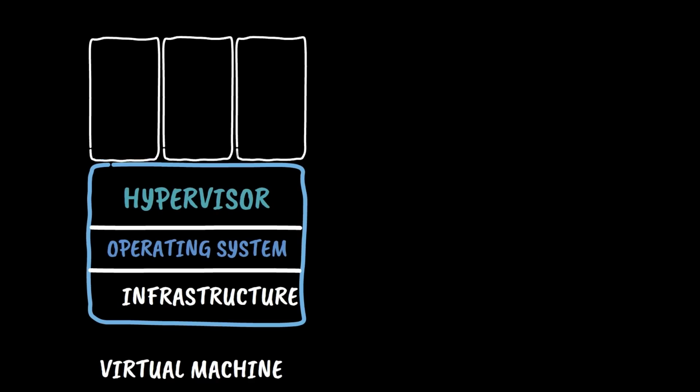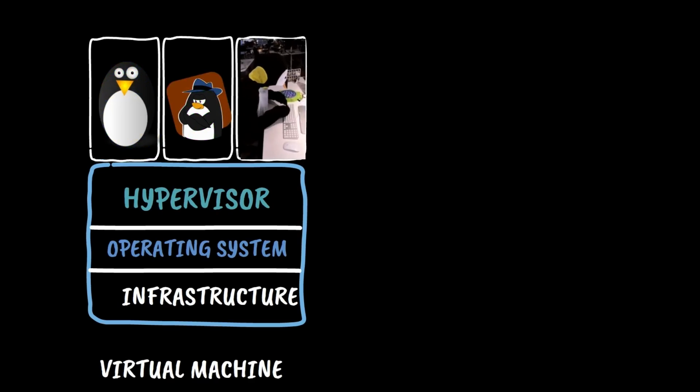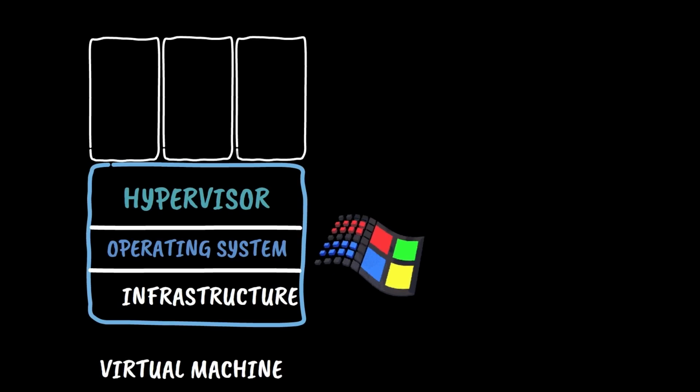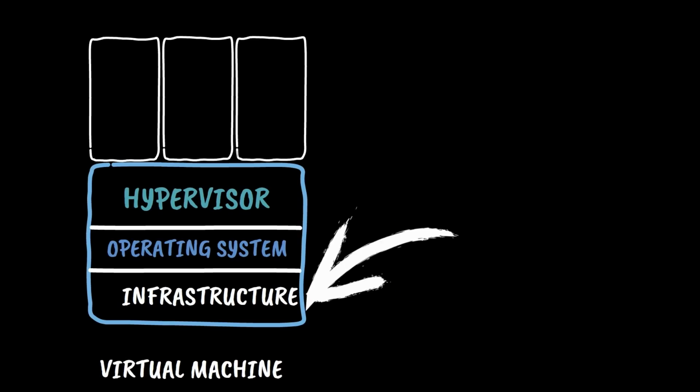That means you can run Ubuntu, Fedora, CentOS all at the same time on top of your Windows machine with the help of virtualization. In case of a public cloud, your physical server over here is a shared hardware that is being used by multiple organizations and users at the same time.